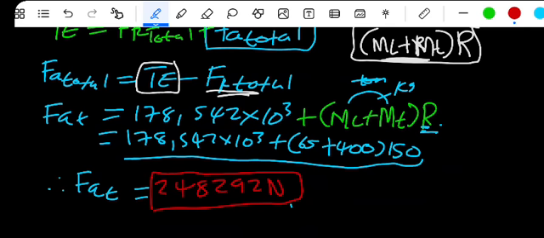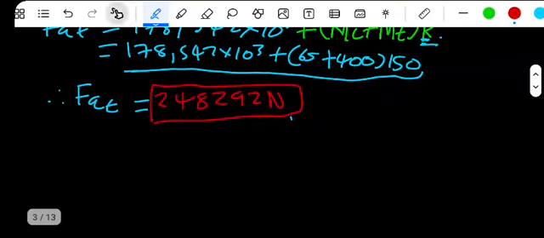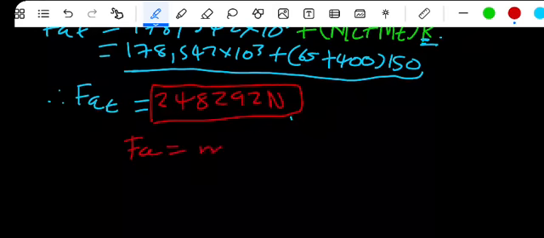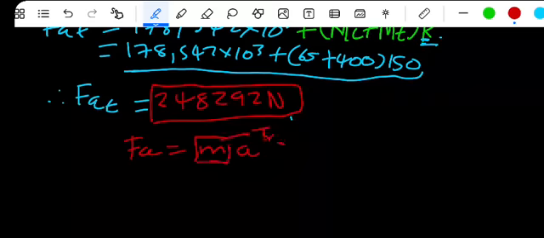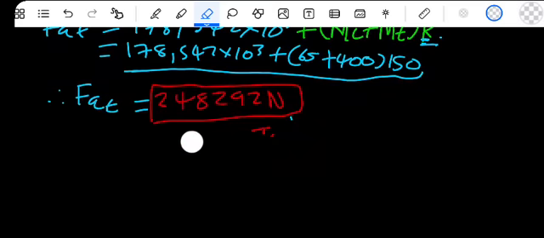All right, we want the acceleration now. But we know that F is equal to mass times acceleration. But now it's a total, guys. The tracks plus the locomotive will be two masses, because it's F total.